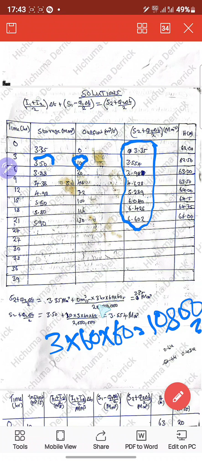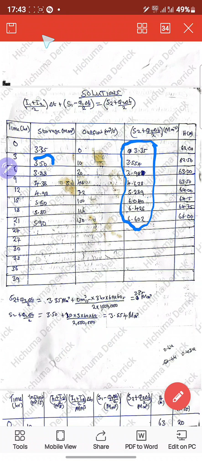So you multiply that by this, and then you divide by 2 million. You have 3.554, okay, here. Let me just remove these. Okay, so this is how these were calculated. I'm sure by now you are clear.